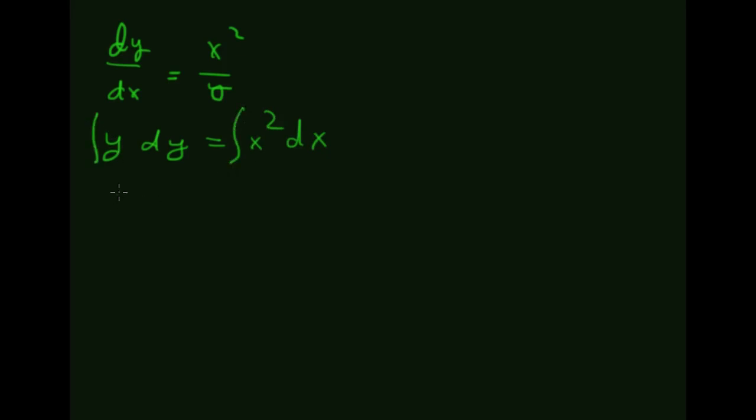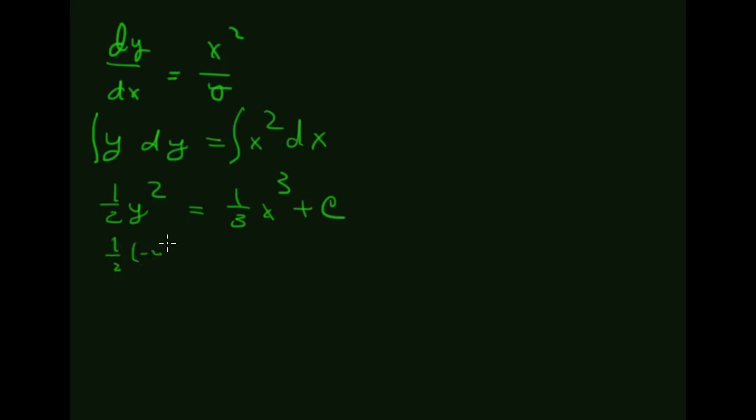Okay, looking at problem 8, we're given that dy/dx is x squared over y. So if we separate that out, we get y dy is equal to x squared dx. We integrate, we get 1/2 y squared is equal to 1/3 x cubed plus some constant. Now we have an initial value in this problem, which is (3, -2).